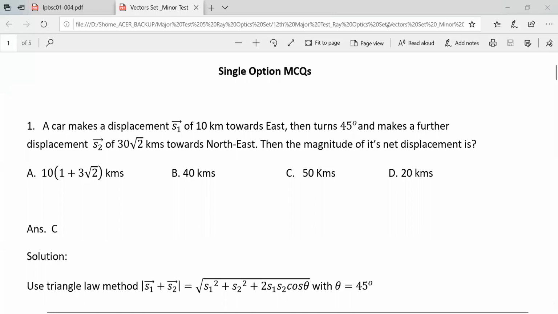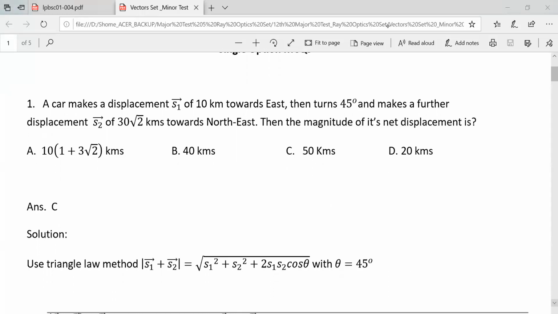Okay, so let's start with the first question in the vector set. Okay, so I think this one is pretty easy.